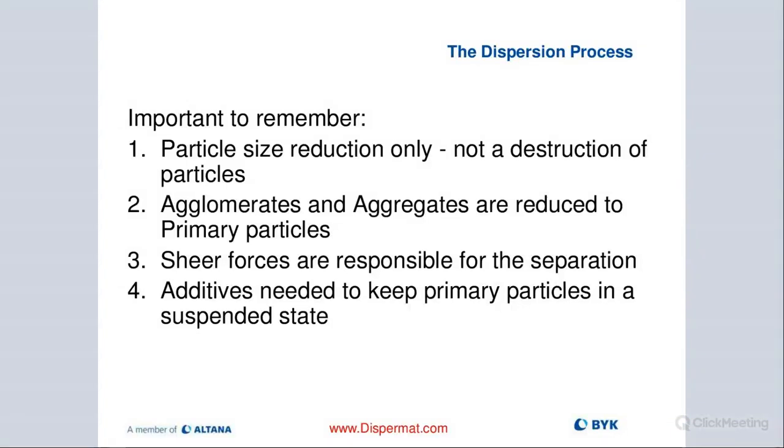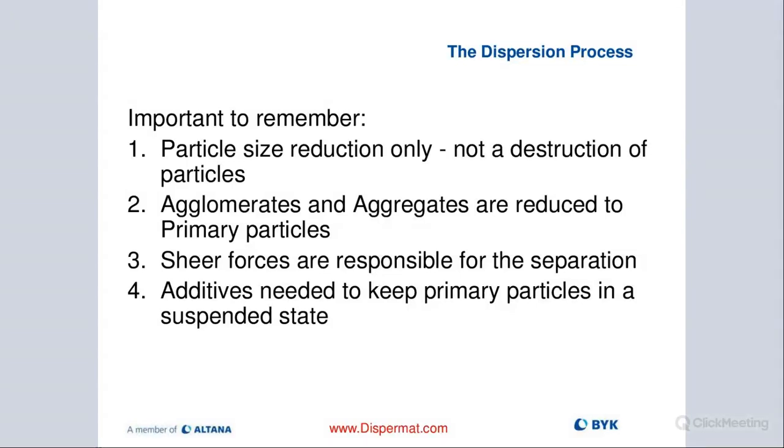So critical here is we're not destroying any particles. We're really just looking at breaking up these binding forces. And we are only basically reducing the size by separating the particles and not destroying them. And the agglomerates and aggregates are basically reduced to the primary particle size. That's the whole goal. And it's really the shear forces.